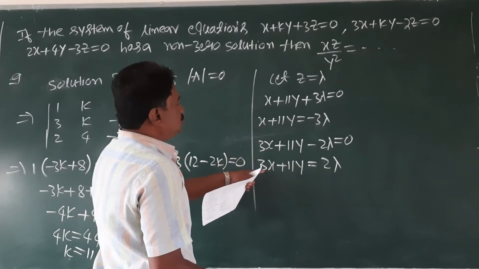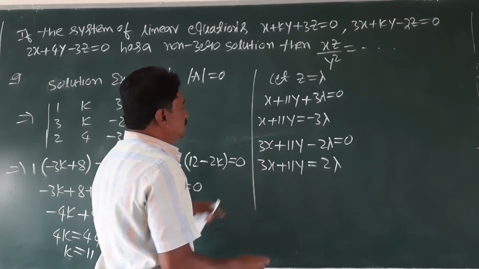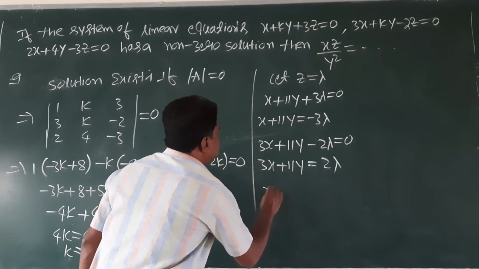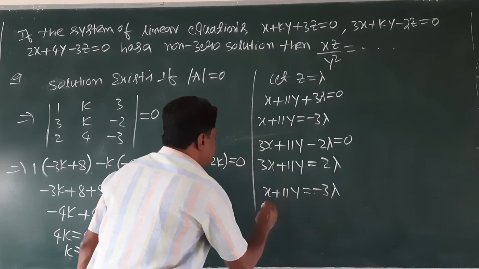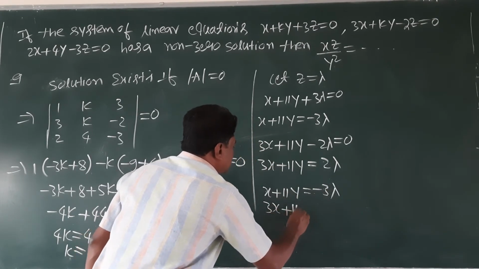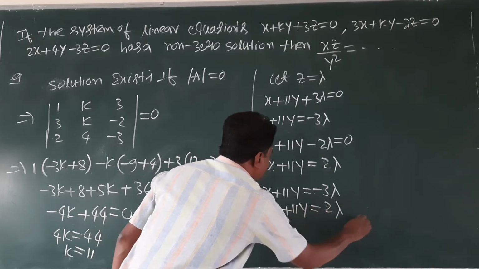You solve these two. Consider x + 11y = −3λ and 3x + 11y = 2λ.